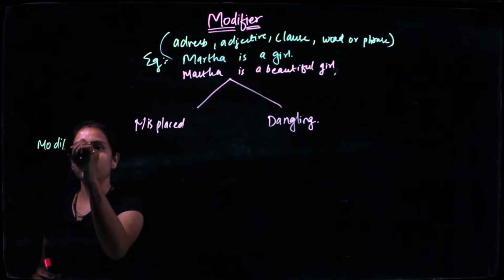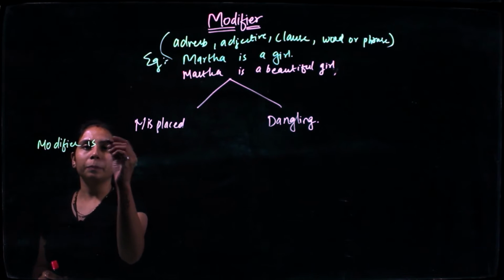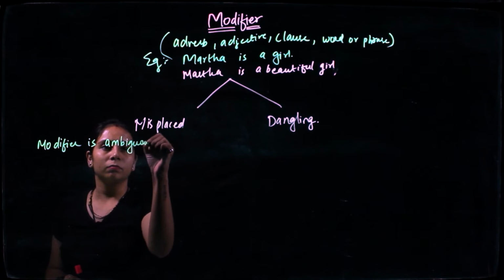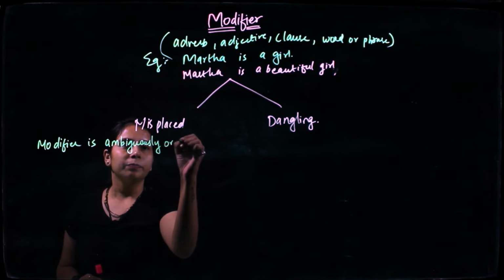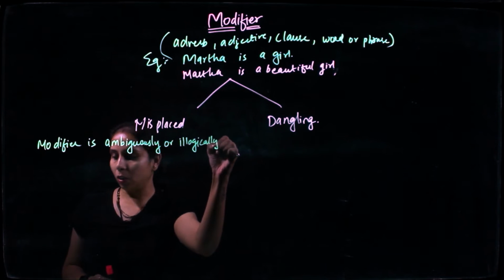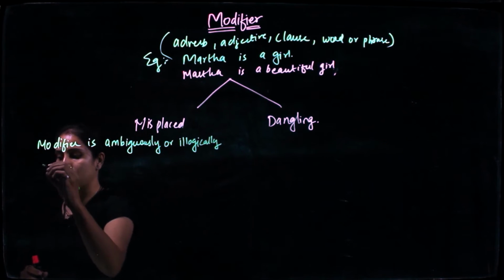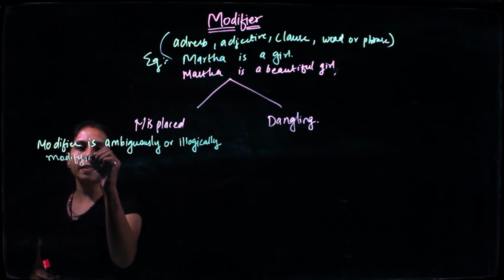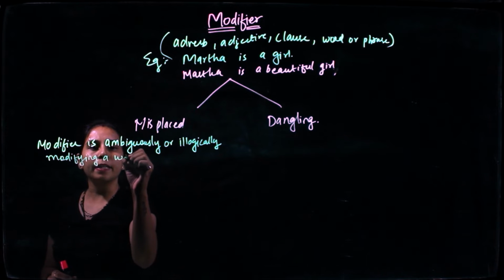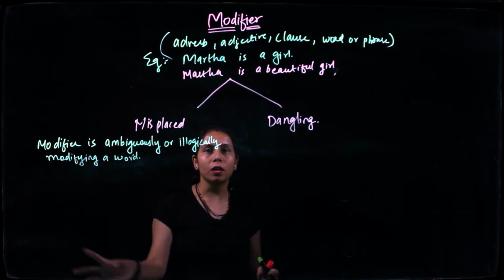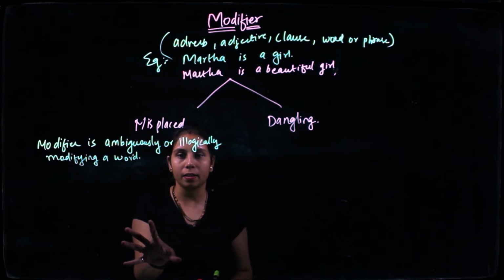Now a misplaced modifier is ambiguously or illogically modifying a word. When you are trying to modify something in a sentence, you modify a particular word or particular situation. You don't modify the whole sentence, the whole meaning of the sentence.